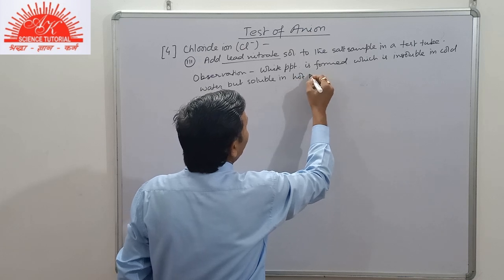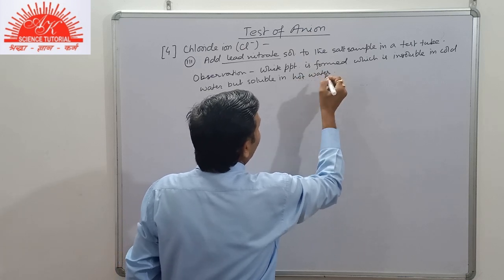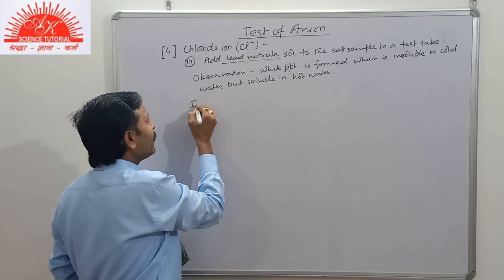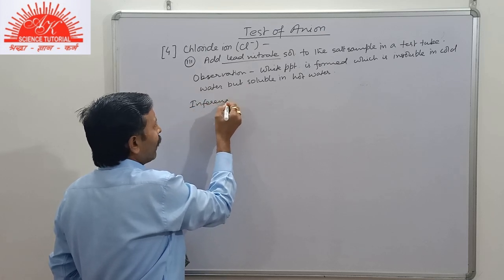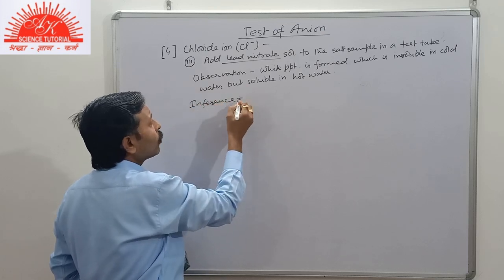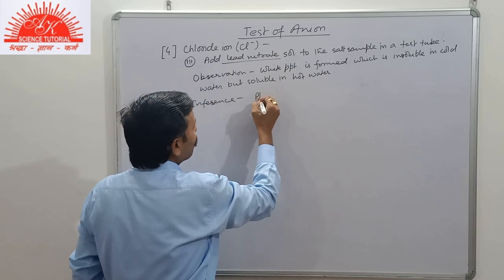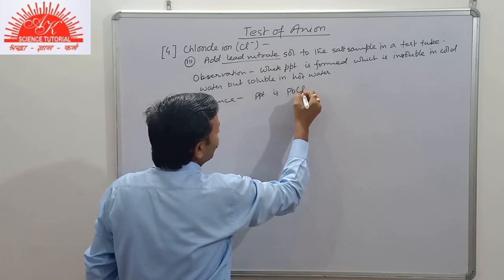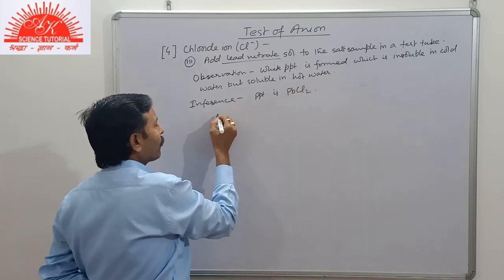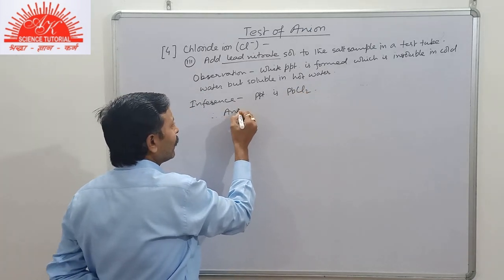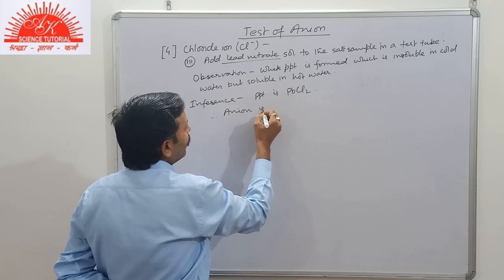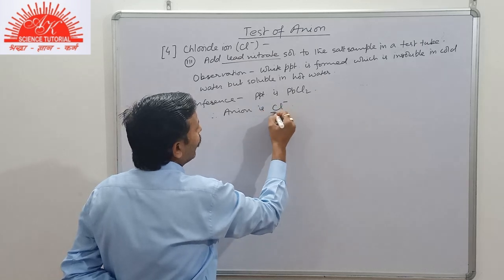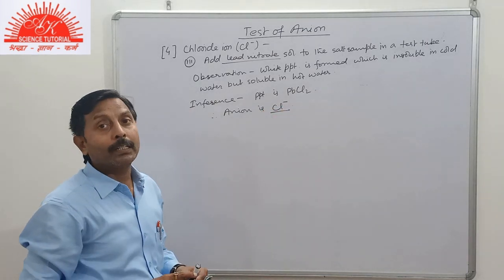That means when the precipitate is formed, we heat it and the precipitate dissolves, showing that the precipitate is lead chloride, PbCl2. Therefore the anion is chloride ion, Cl minus.